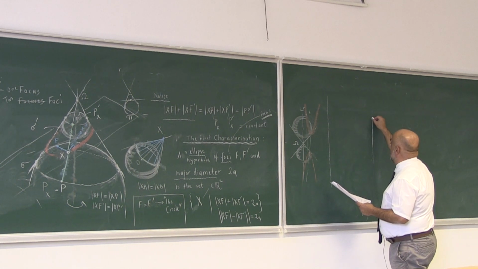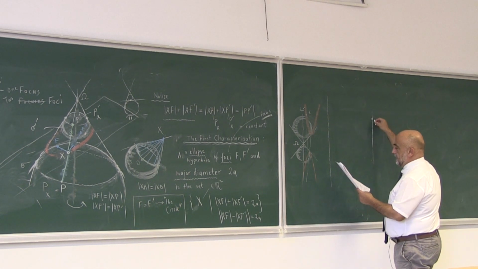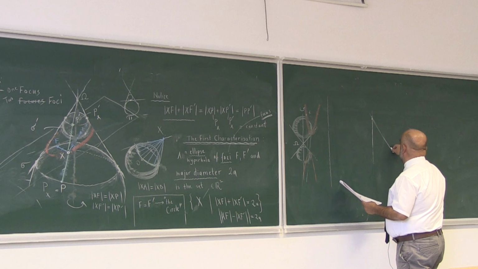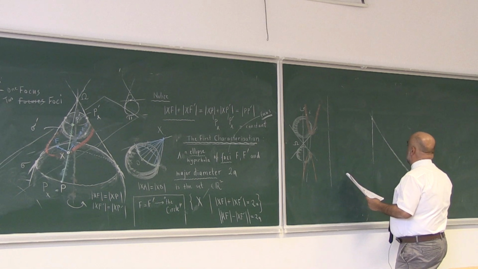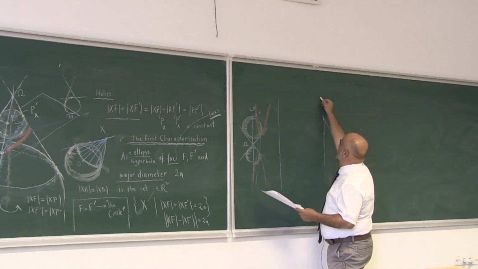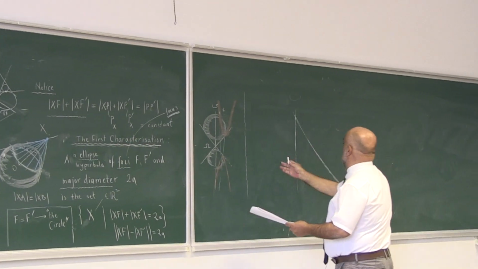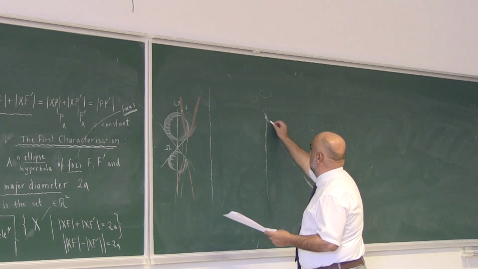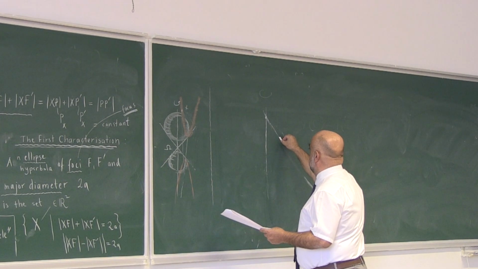Let's imagine that's the apex of your cone, and let's take a straight line that goes through that apex. Then I shall eventually be rotating everything about this axis, and I will complete this thing into a cone. Okay, so that's my intention.